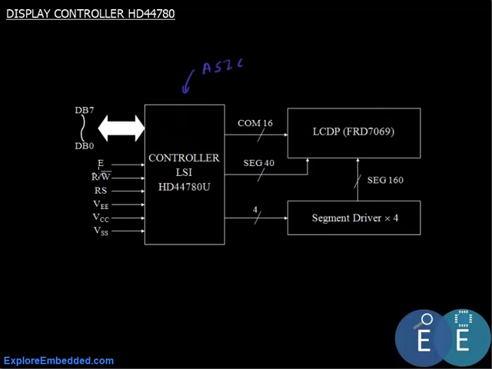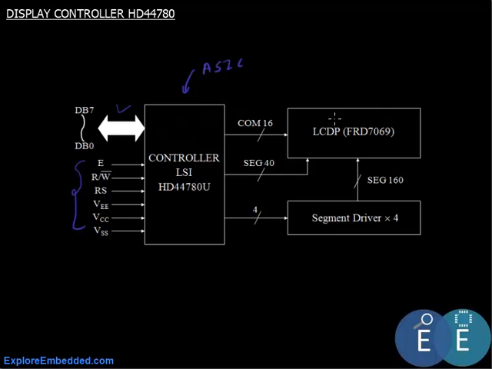Now what you could see is these are all the interface pins as we have discussed, and this is the data bus. It takes all the commands and data and stores them in its internal RAM, and we'll discuss this in depth in the advanced session. Then there is a character generator inside it which generates specific character patterns, and then it displays them on the LCD panel.